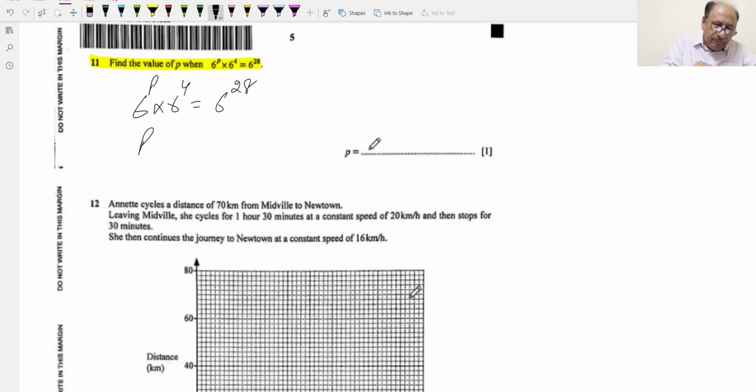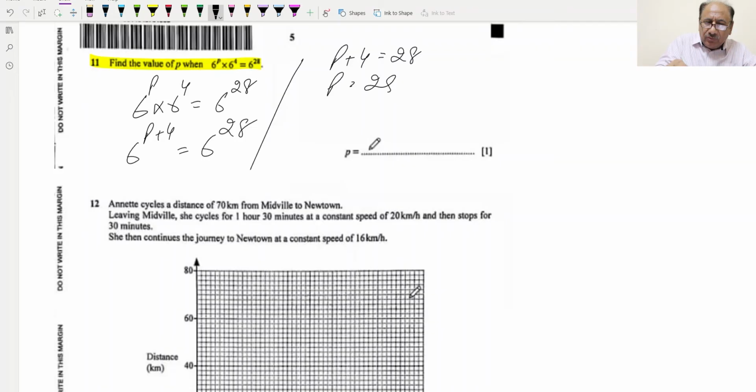So we'll write 6 raised to the power p plus 4 is equal to 6 raised to 28. Now bases are same, powers can be compared, and we can write it as p plus 4 is equal to 28. So p will be equal to 28 minus 4, which is equal to 24. So 24 will be the final answer for this 1 mark question.